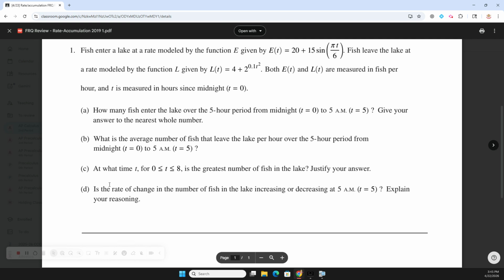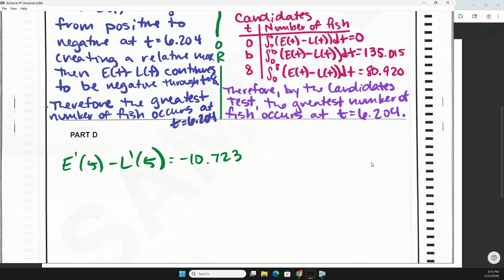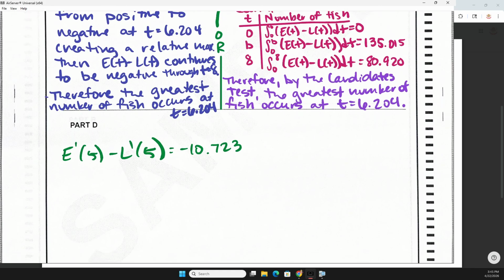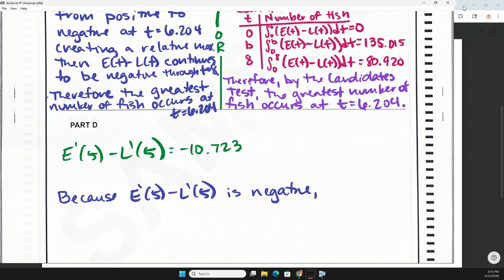Let me look at it one more time. Yeah, the rate of change in the number of fish. Is it increasing or decreasing? So, because the rate of change in the number of fish is negative, then the rate of change in the number of fish is decreasing. All right, so let's just write that out. So because E prime of 5 minus L prime of 5 is negative, and then I'm just going to quote the problem.